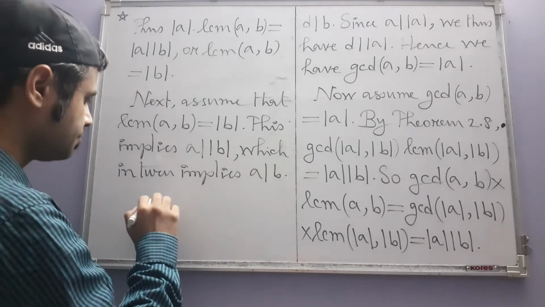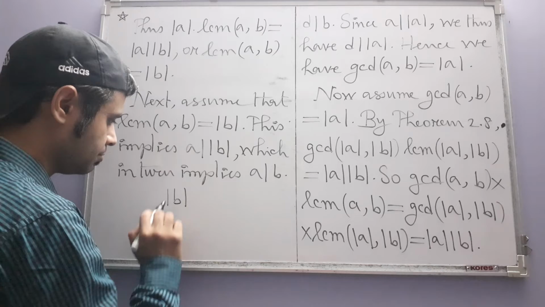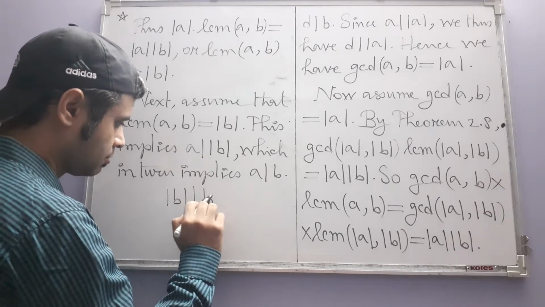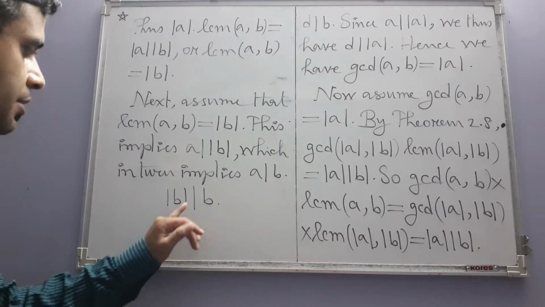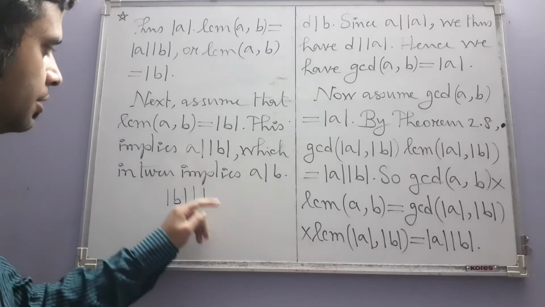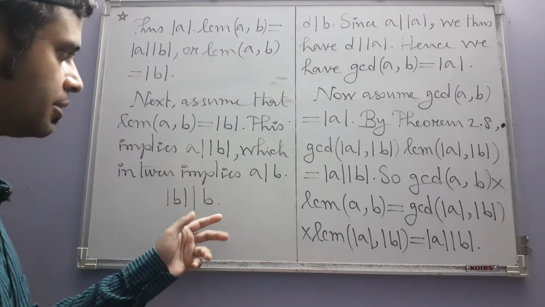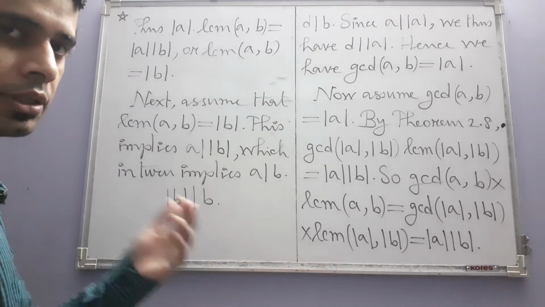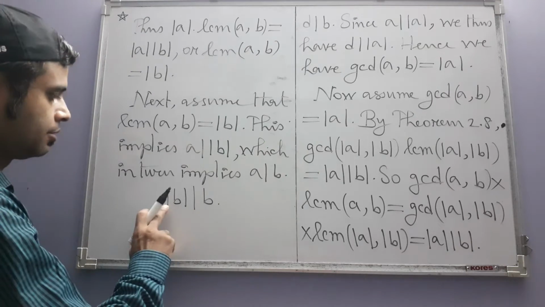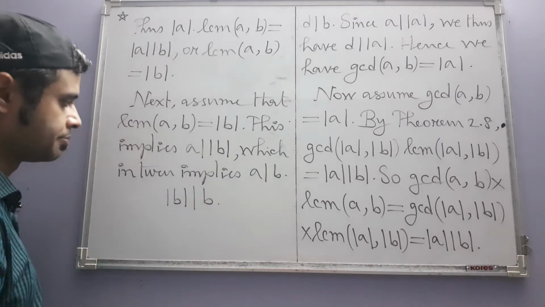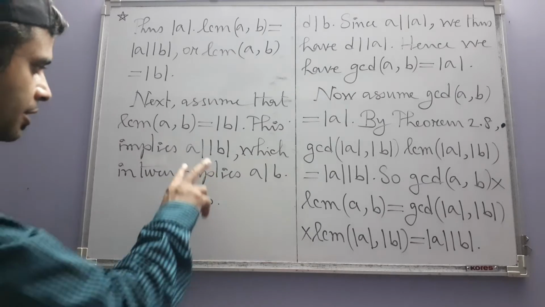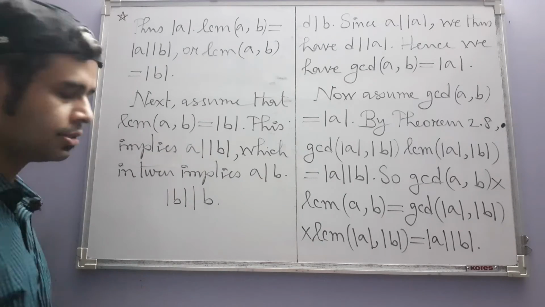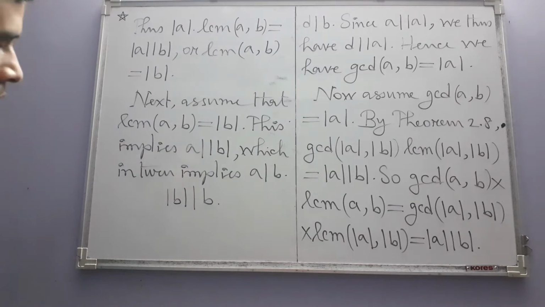Just like before, you supply this other divisibility relation also, and then note that divisibility is a transitive relation on the set of integers. So you get this. I mean, combining these two, you get this, and that is just condition A.